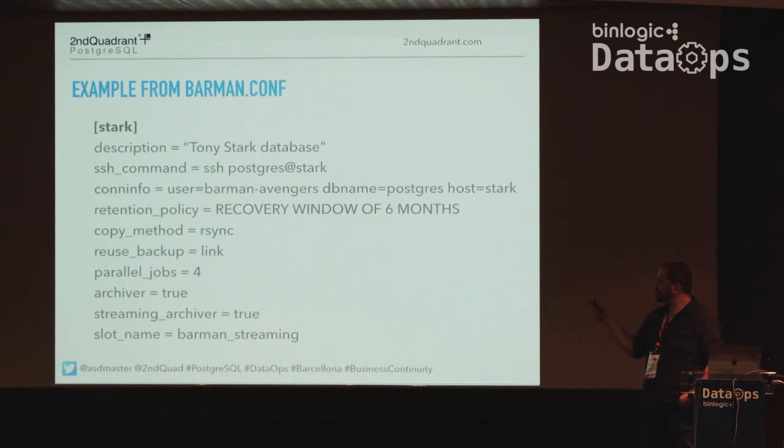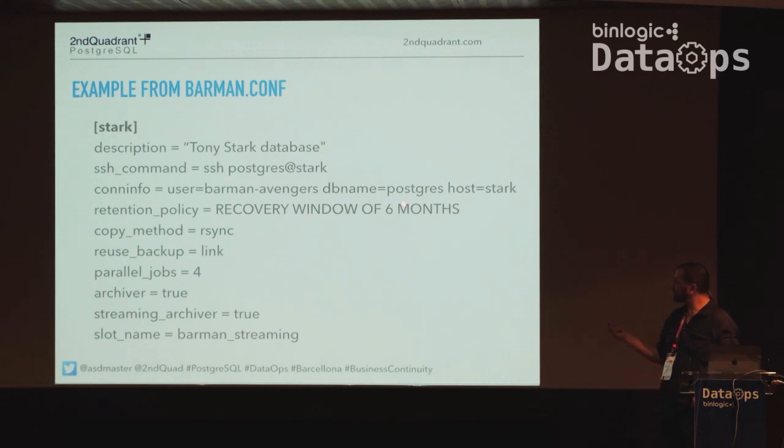In this case, I'm going to configure copy of the backup through rsync and WAL shipping and streaming WAL replication, because we can use both together just to be redundant and be sure, and Barman will take care of the duplicates, okay?